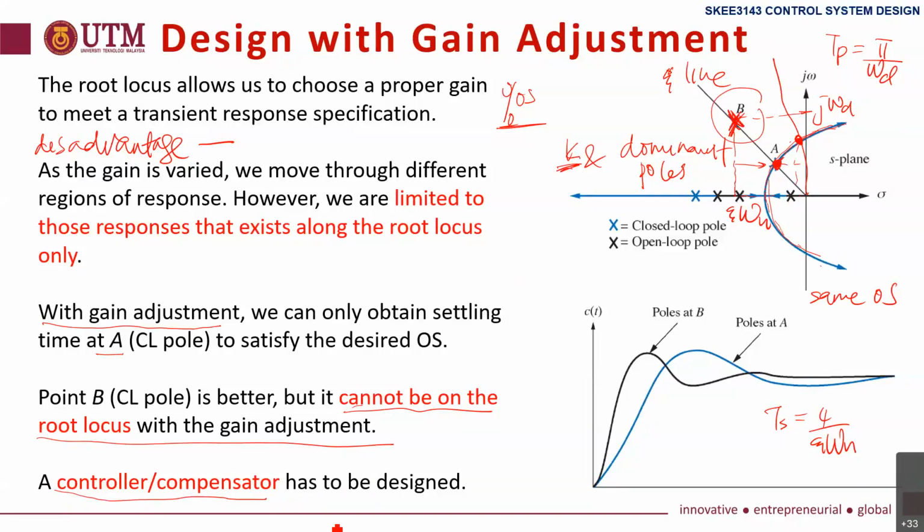We have to design a controller or a compensator in order to get the desired closed loop pole, which is not on the original root locus. This is the introduction to why we need a controller.